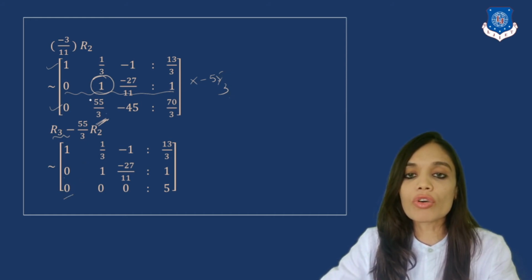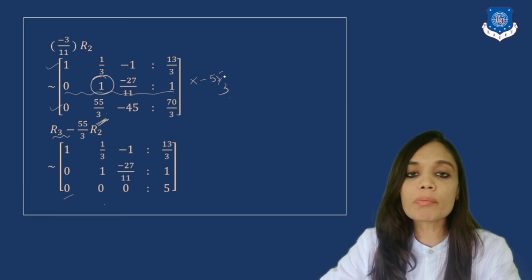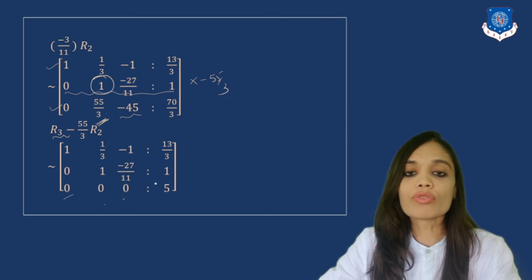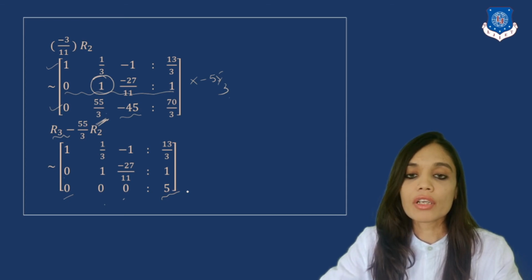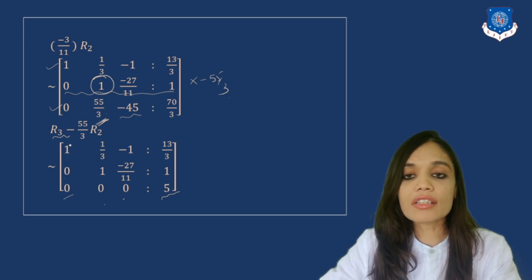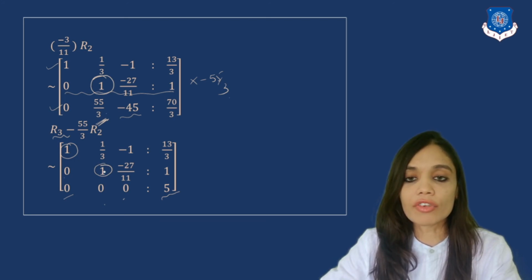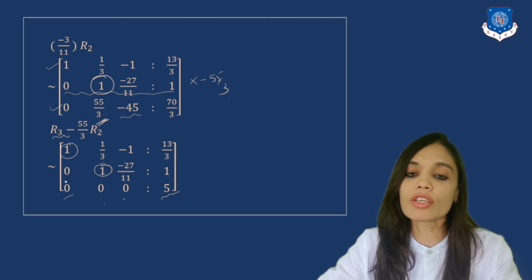First will be 0, the second element will again be 0 because minus 55 by 3 plus 55 by 3 will be equal to 0. Again if you simplify this and add minus 45, you will get 0, and lastly you will get 5, right? So here you can see this is our desired row echelon form. Wherever there are leading ones you have 0 below it.